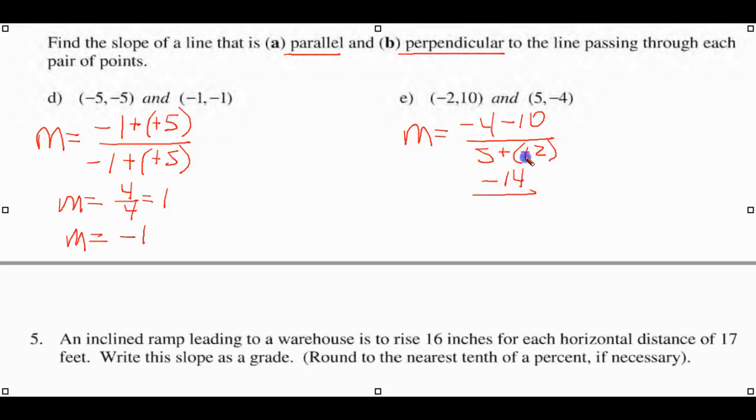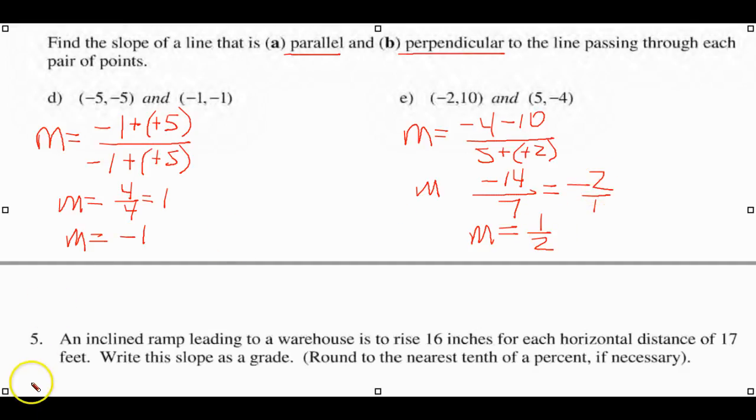This becomes +2, so this is -7. So our slope of a line that is parallel would be -2, and the slope of one that is perpendicular would be +1/2. That is, take the opposite sign reciprocal of this.